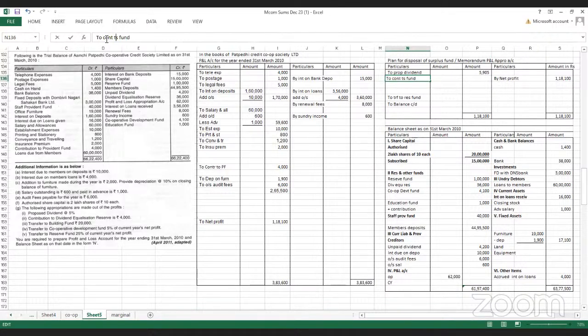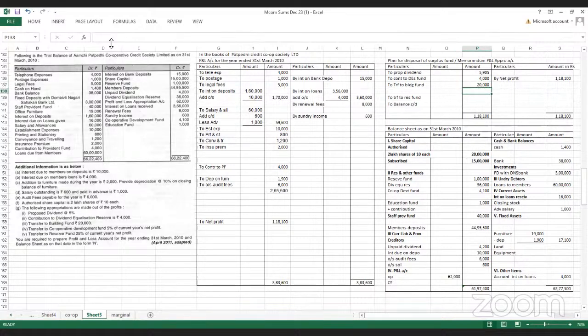How much is it? Actually, the value is directly given, so we can put the value 4,000. Then transfer to building fund, $20,000.